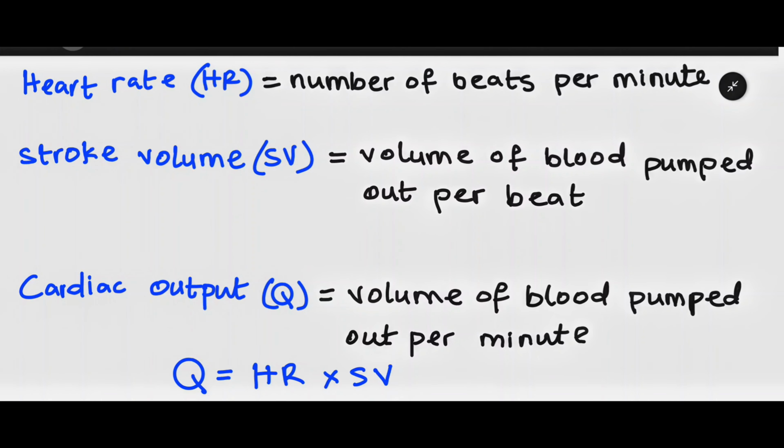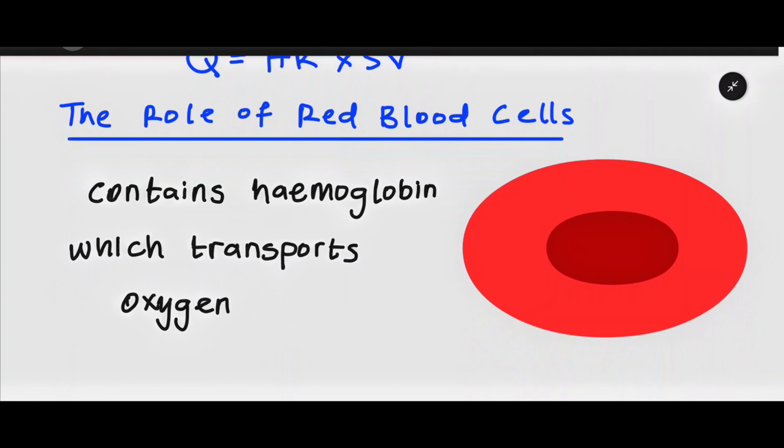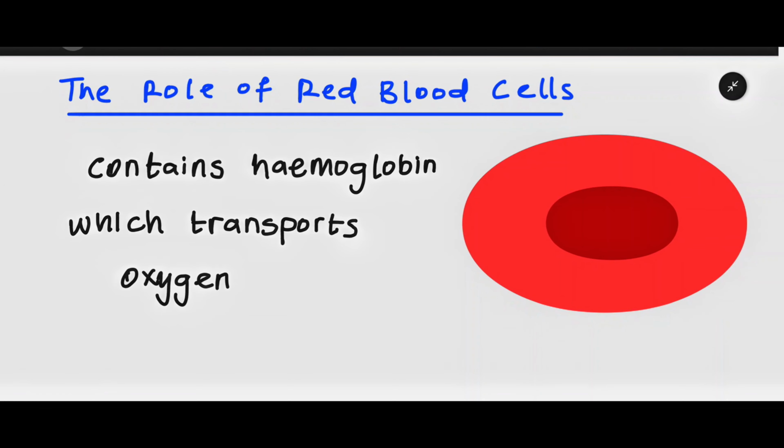Alright, we've spoken about blood, but we haven't spoken about something really important in blood, and these are red blood cells. So we're going to talk about the role of red blood cells. Red blood cells are basically oxygen delivery trucks, right? That's their main role, to transport oxygen, and they contain a protein called hemoglobin to help them do that.